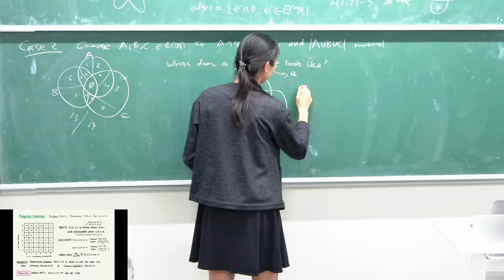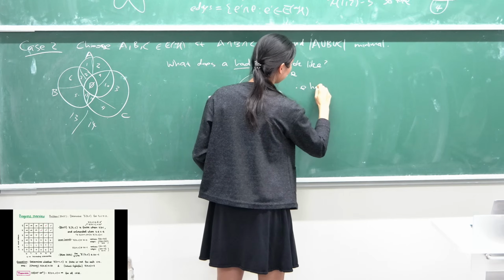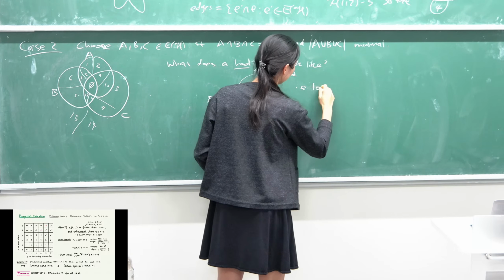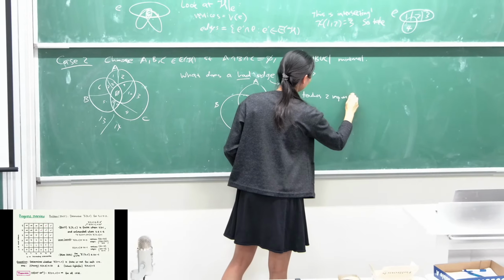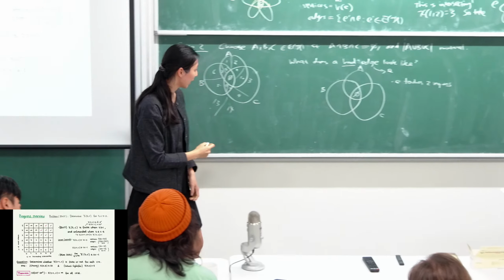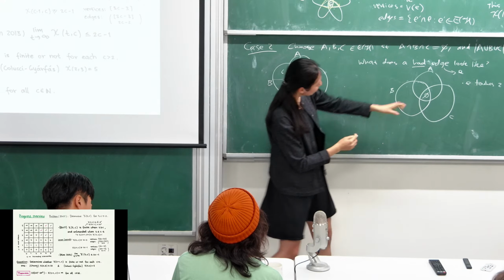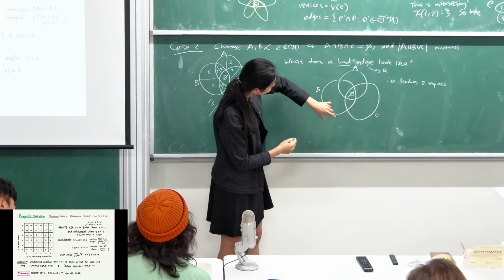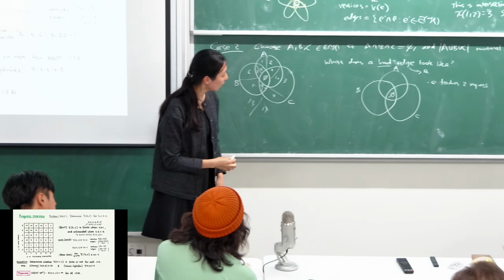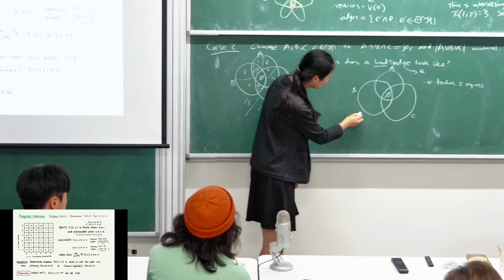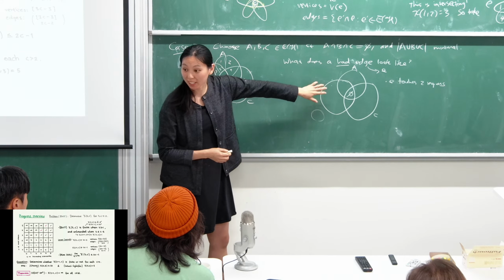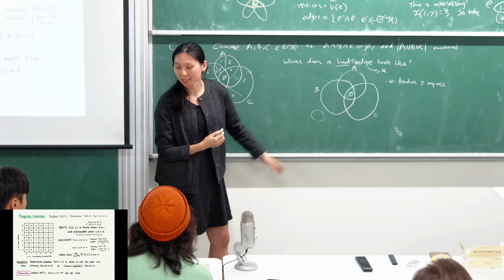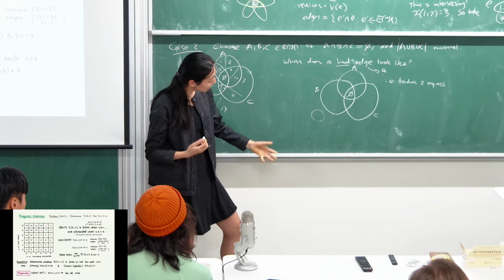We can write: E touches 2 regions only. Okay. So which regions can they be in? It could be on the outside though, or? You can't be only on the outside at least, because you have to also be intersecting these edges, just because it's an intersecting hypergraph. Yeah, so that's a good point.